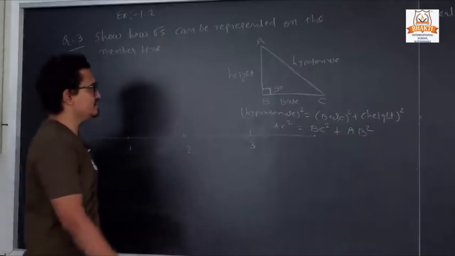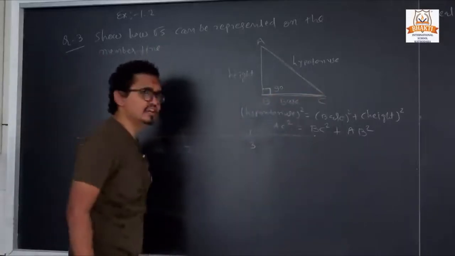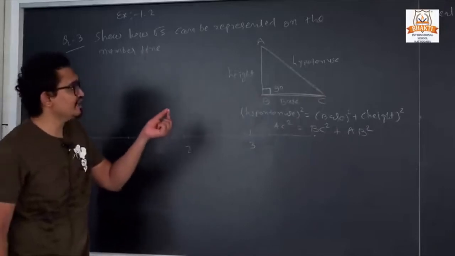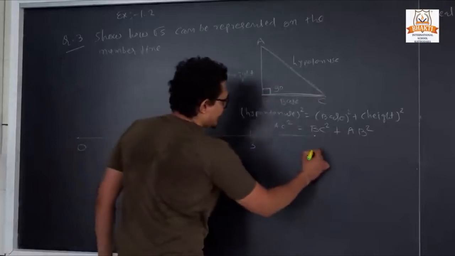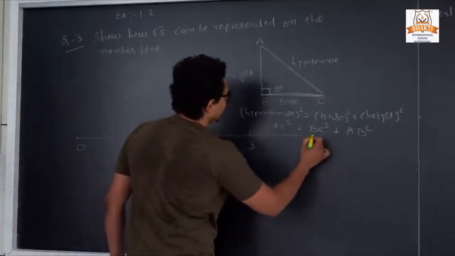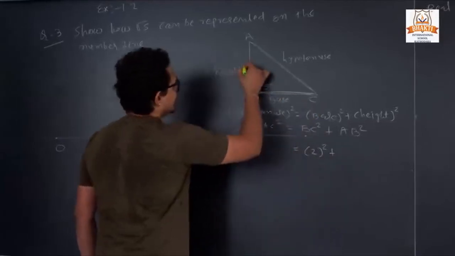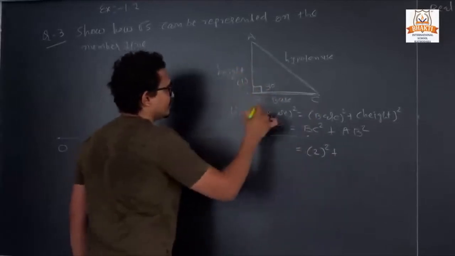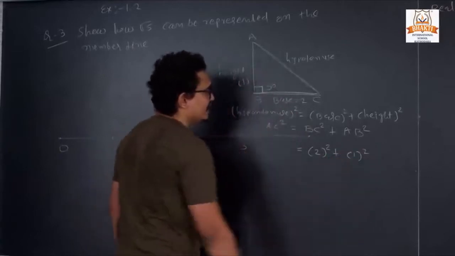So to represent root 5, first of all, which value can we take as the base? Here we can declare base is equal to 2 and height is equal to 1 centimeter, and that will be 2 centimeters.